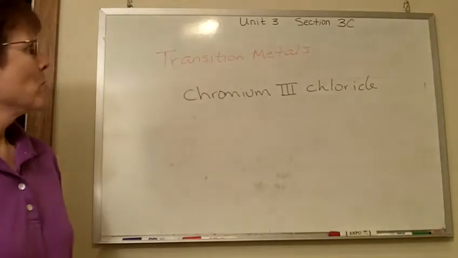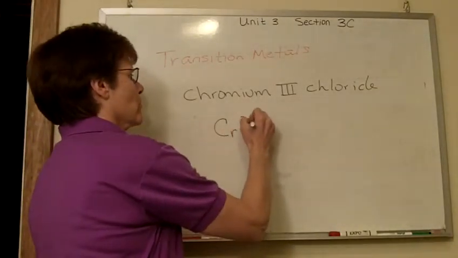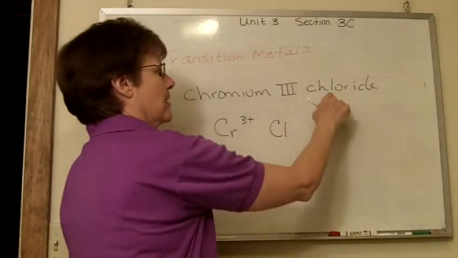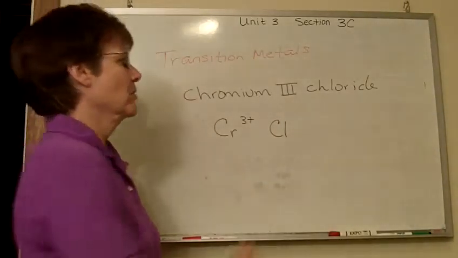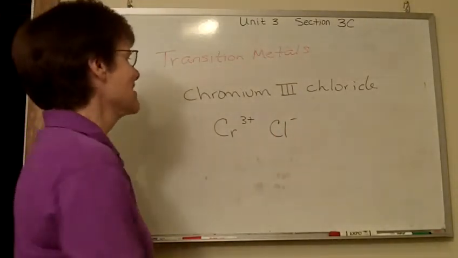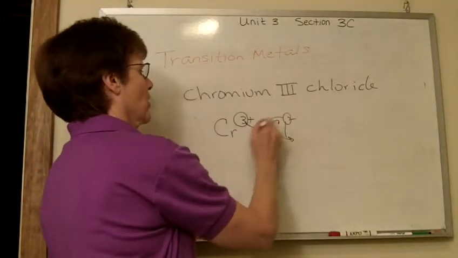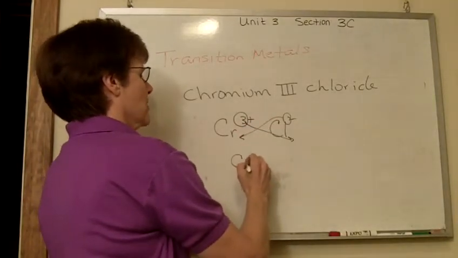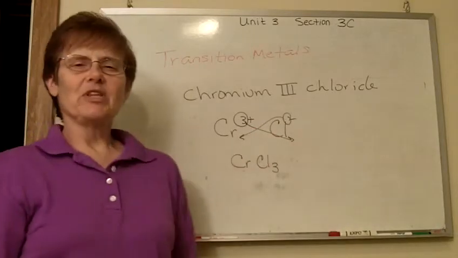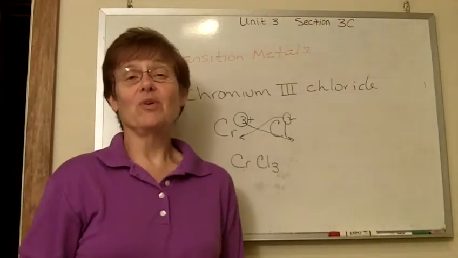So let's do that. So chromium 3 chloride. Again, this is in group 7A, so we know it has a -1 charge because by this time we've got that all memorized. So this goes here, and the invisible 1 goes here, and that becomes CrCl3.